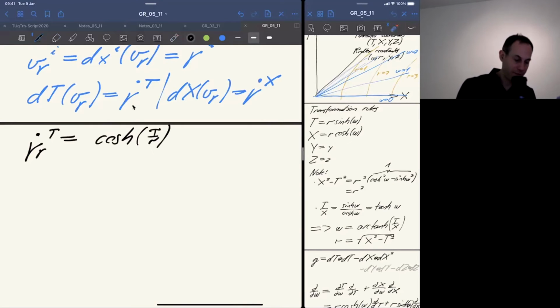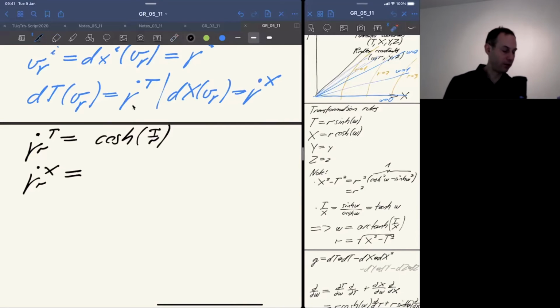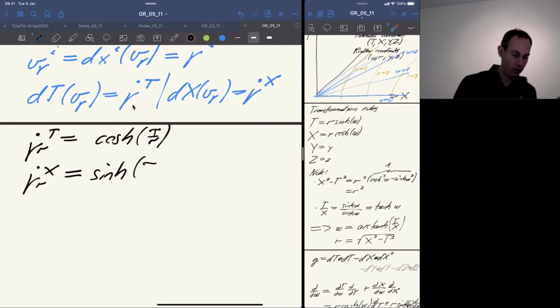And similarly, the x component of the curve at r, so this should be an r here, the little index, that's where the curve is. It's the curve that goes through where r is fixed. This component is just sinh of tau over r.